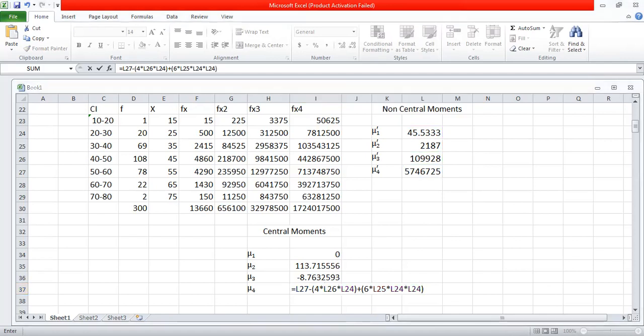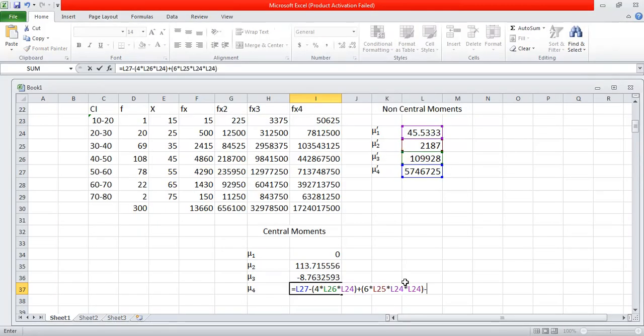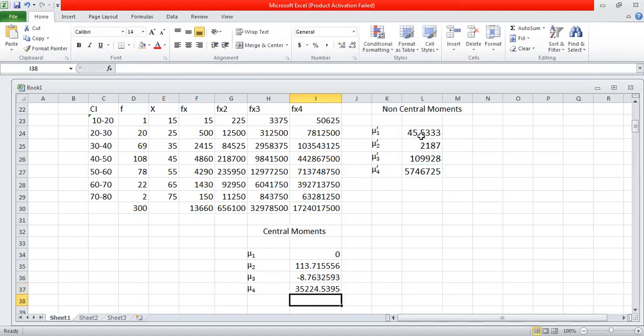The last term is minus 3 into mu1 dash power 4, that is mu1 dash into mu1 dash into mu1 dash into mu1 dash, 4 times. Now close the bracket. We get the mu4 value as 35224.5. So these are the 4 central moments.